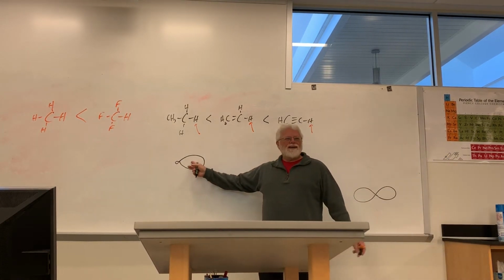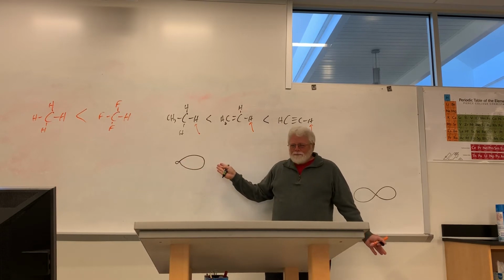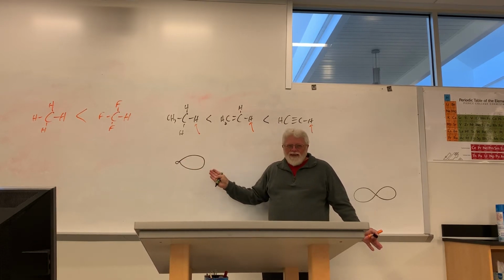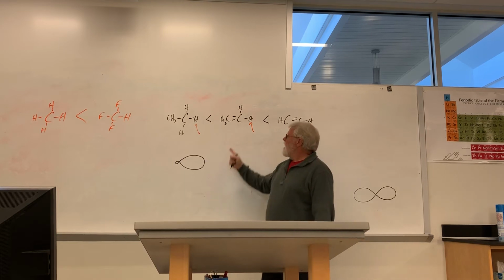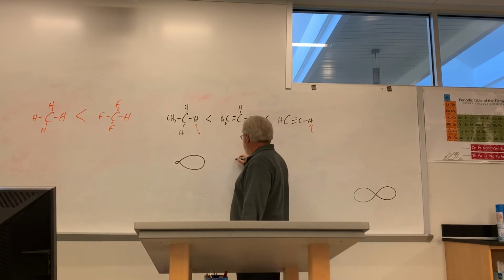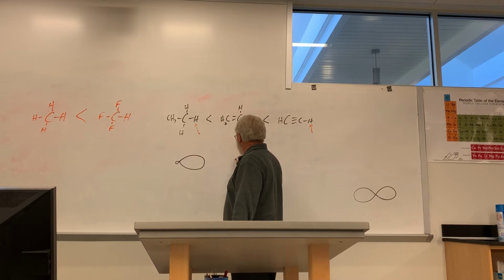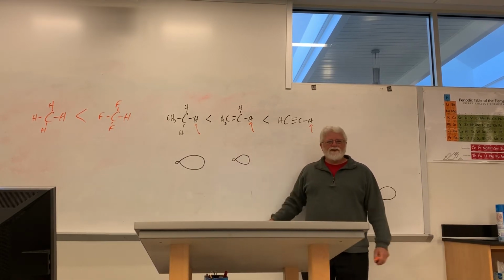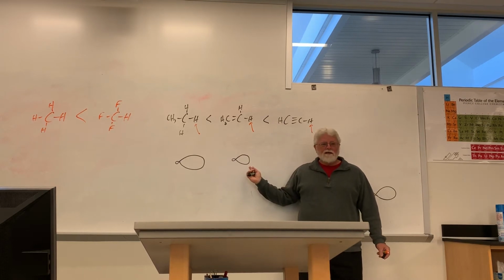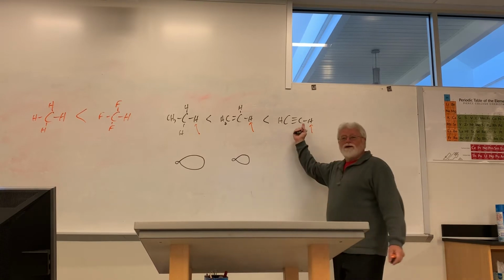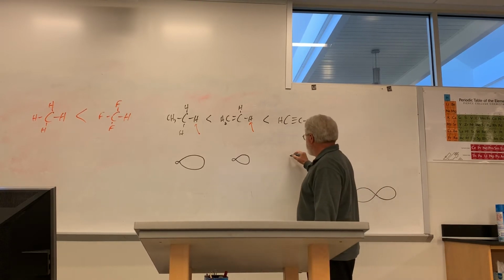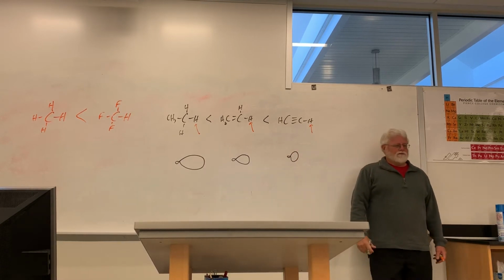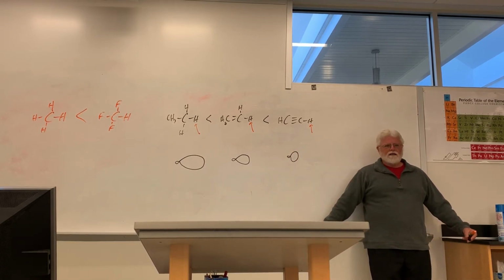The sp3 is going to have a lobe that doesn't stick out quite as much as a p, because it's 1/4 s, as opposed to an sp2, which is going to stick out even less, because it's only 2/3 p, 1/3 s, as opposed to an sp, which is half s, half p.